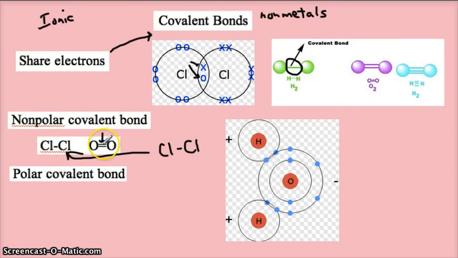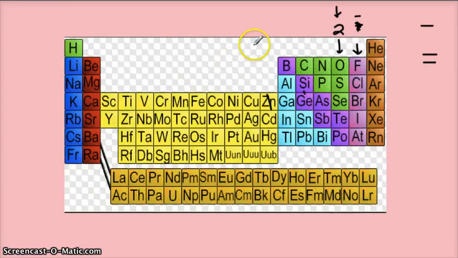Is it possible to have a triple covalent bond? Of course it is. All those in this column, you have triple covalent bonds because you need the 3 electrons. So if you have, say, nitrogen, we'll just use the first one. Boom, boom, boom.